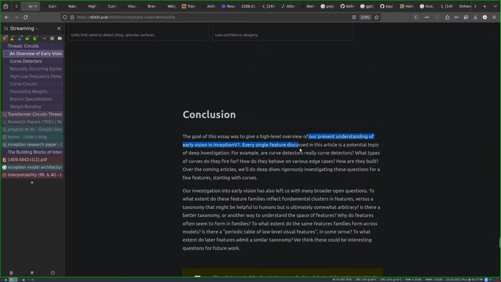Every single feature discussed in the article is a potential topic of deep investigation. For example, with the curve detectors, what types of features do they fire for, how do they behave on various edge cases, and how are they built? Our coming articles will go deep. We will do deep dives, rigorously investigating these questions for a few features, starting with curves.